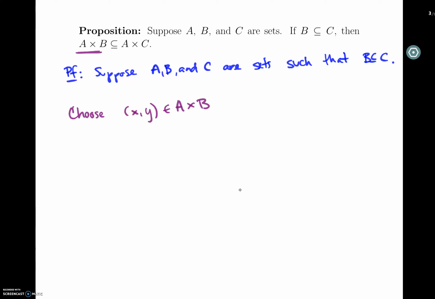So the definition of cross product tells us that x is an element of A and y is an element of B.